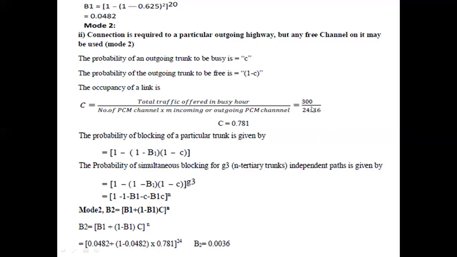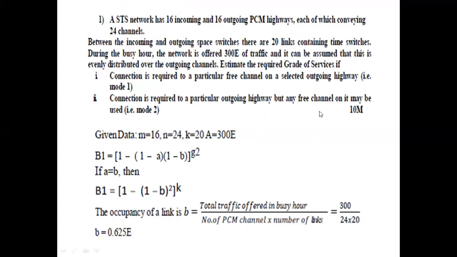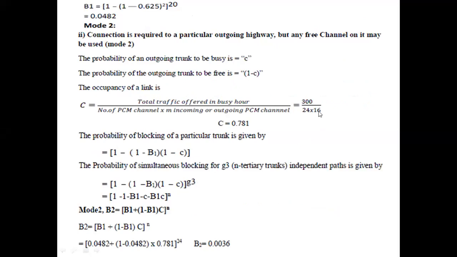The number of incoming highways is 16. The only difference from small b is that there we divided the total traffic offered by the number of intermediate links, whereas here we consider the number of incoming PCM highways, in this case 16. The C becomes 0.781 Erlang. This is the occupancy of the outgoing PCM highway or outgoing trunks.